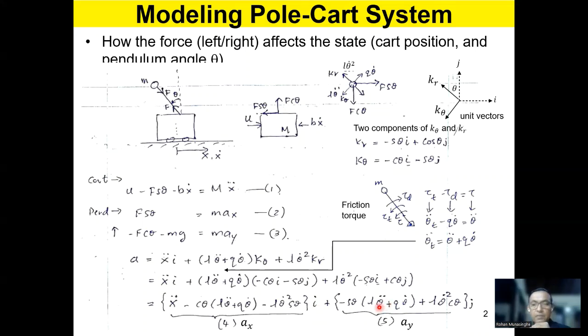And then the second term: minus sine theta times L theta double dot plus q theta dot plus L theta dot square cos theta, right? That is the total acceleration of the pendulum vertically upwards. So this is actually the AX in the second equation, and this is actually AY that was there in equation number 3.